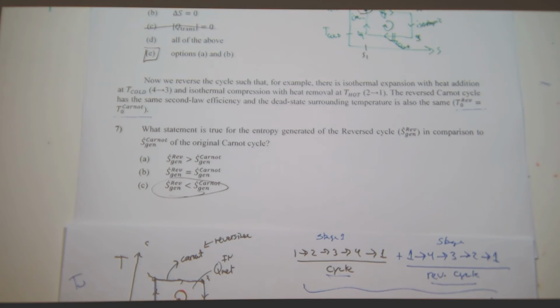Which means that it's going to be harder to reverse it, because in general, if you try to design something, it should be easier to engineer something with more entropy generated instead of less. So if you design something that works a certain way and you try to reverse it, it's most likely not going to be able to be reversed, because that would be fundamentally saying that you're going to reduce the entropy generated.